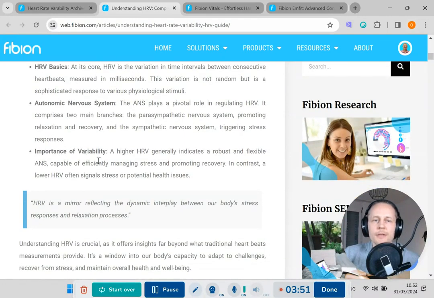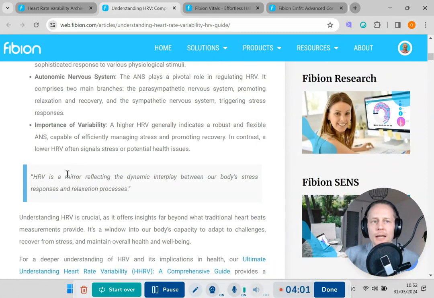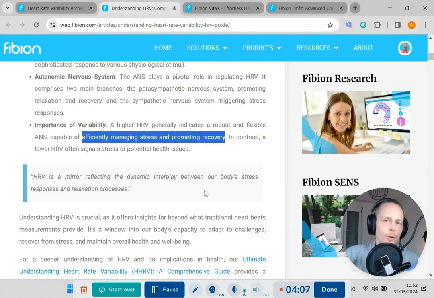In general, higher heart rate variability indicates a robust and flexible autonomic nervous system, which is capable of efficiently managing stress and promoting recovery. So when you are measuring heart rate variability in normal daily life, you would like to see a lot of variability.